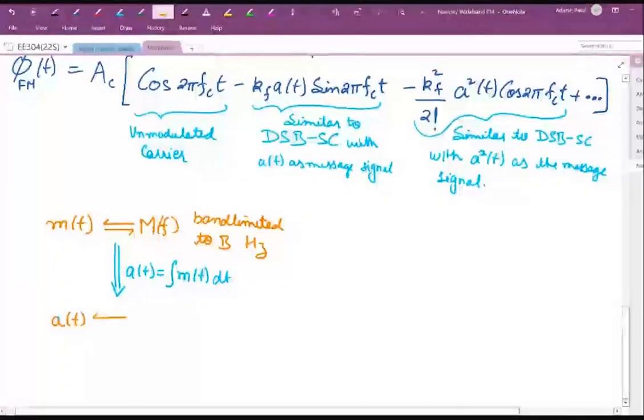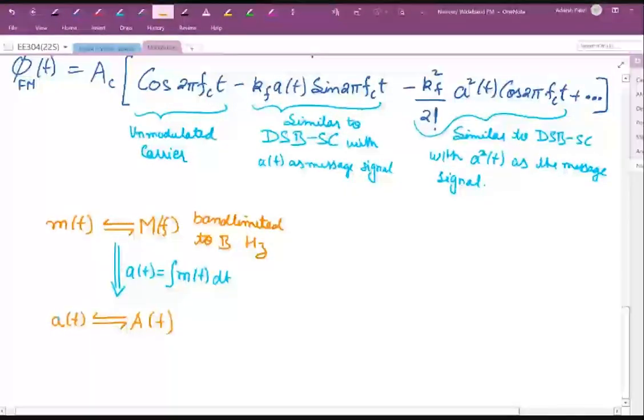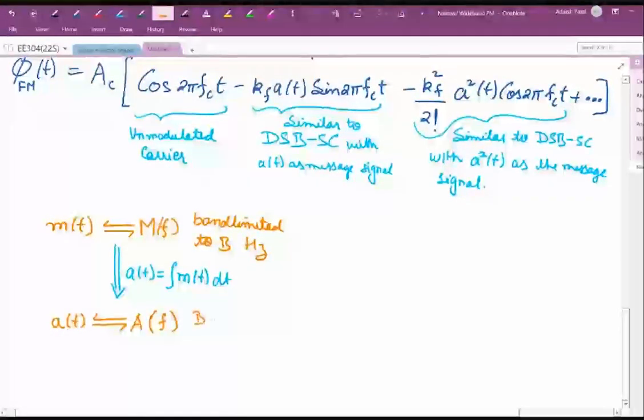So if I take the integral of m(t), which is a(t), and say the Fourier transform of a(t) looks like capital A(f), then what should be the bandwidth of A(f)? Can anyone highlight this?